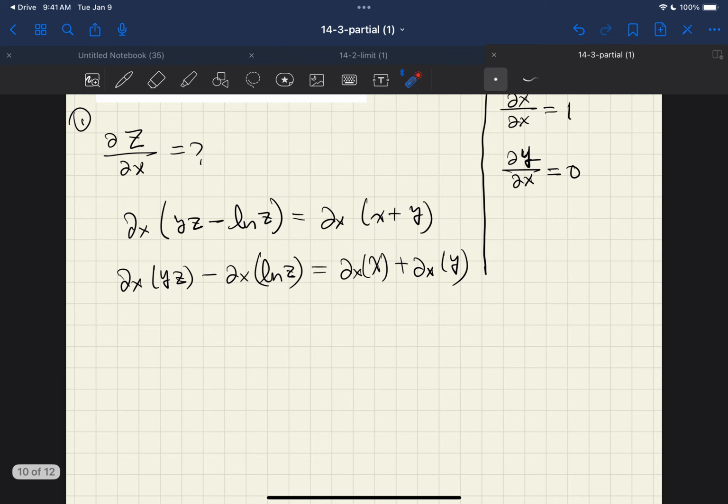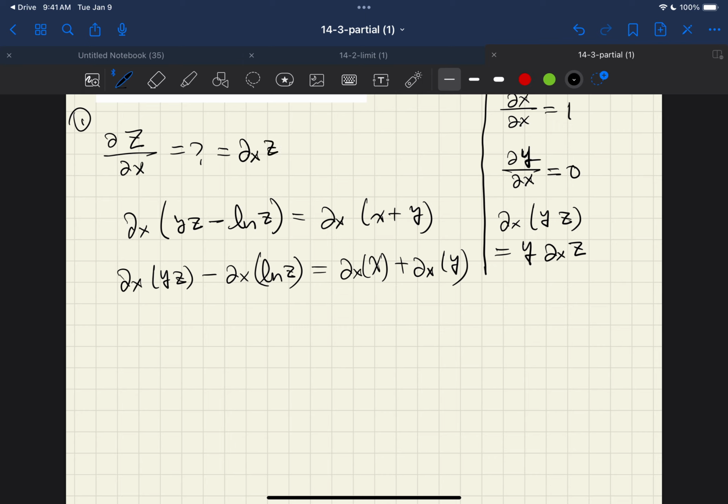When we look at the first term, partial x of yz, you're taking the derivative with respect to x. So y is frozen, constant. You can take this out. And then the remaining thing is partial x z. Partial x z is something we want to compute.